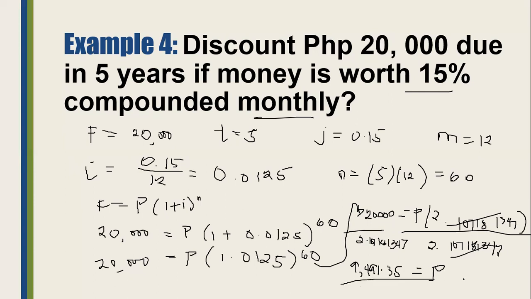So this is our present value. That is why we had 20,000 after 5 years compounded monthly with an I of 0.0125 and our number of periods, which is 60.